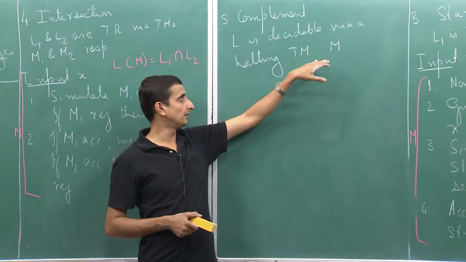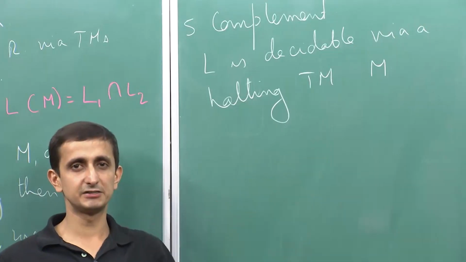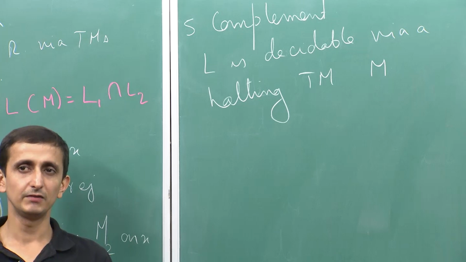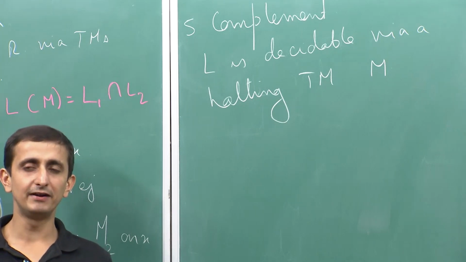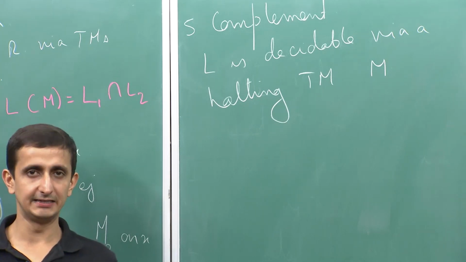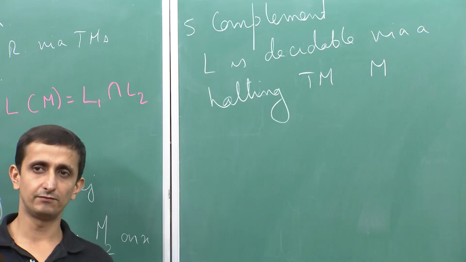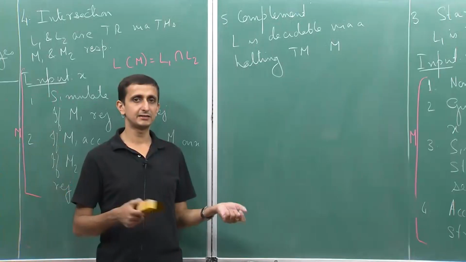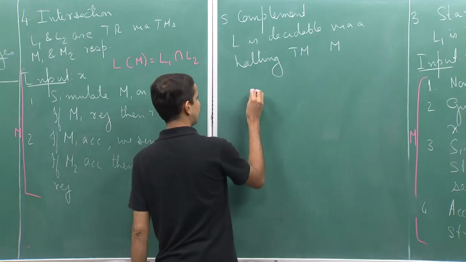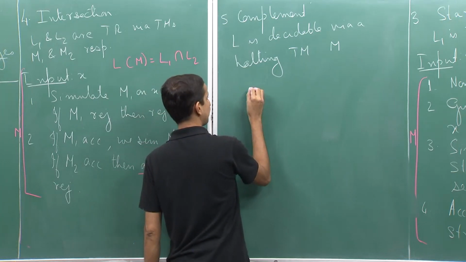because we are assuming it is a deterministic Turing machine, there is a unique computation path. So, to accept L complement, we just have to flip the answer in the end. If M accepts, we reject; if M rejects, we accept. Okay. So, we just design a Turing machine which does the following.